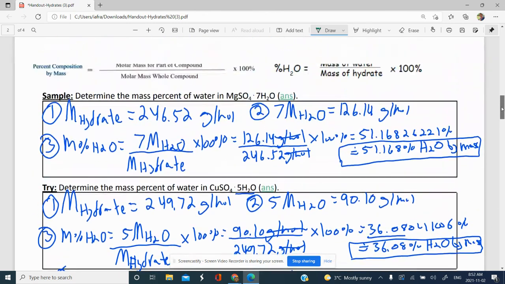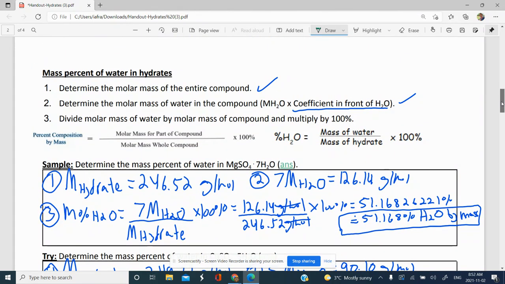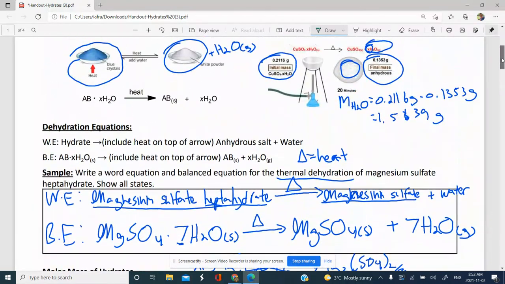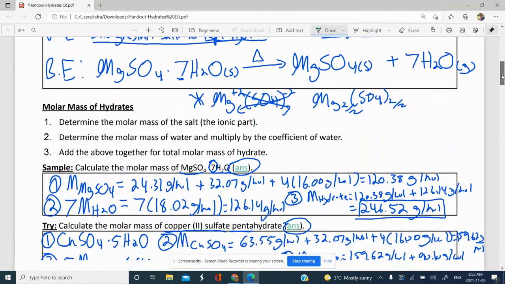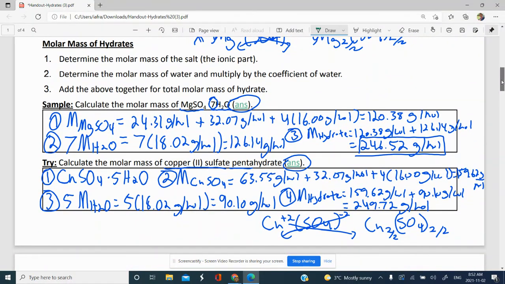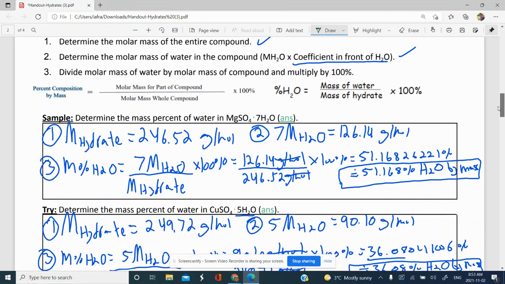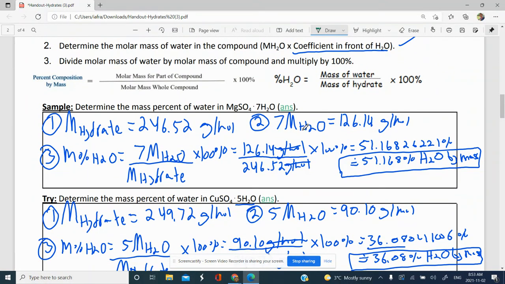So that's the last skill you need to know before you can jump and do hydrate style questions. So again, to recap, we saw how to write dehydration equations. We saw how to figure out molar masses of hydrates. Using the molar masses of hydrates, we saw how to determine the percent composition of hydrates based on just the water and the ionics.